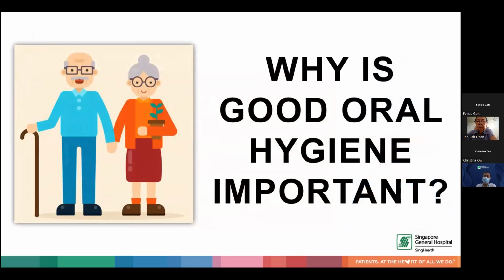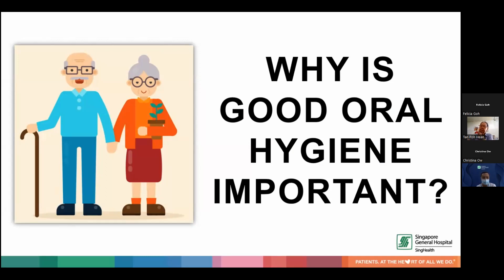Why is oral hygiene important? Oral hygiene includes all the processes for keeping the mouth clean and healthy. Good oral hygiene is necessary for prevention of dental caries, periodontal diseases, bad breath, and other dental problems. Oral care is also closely related to cardiovascular problems.